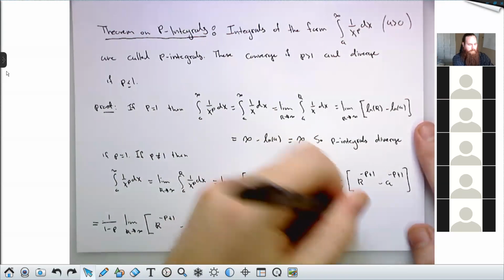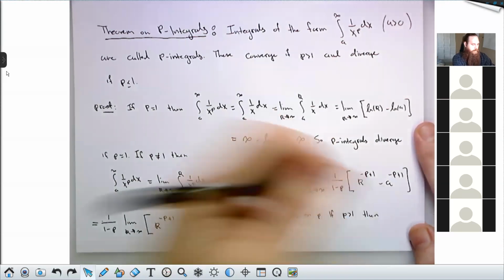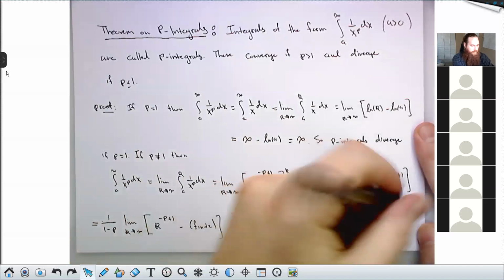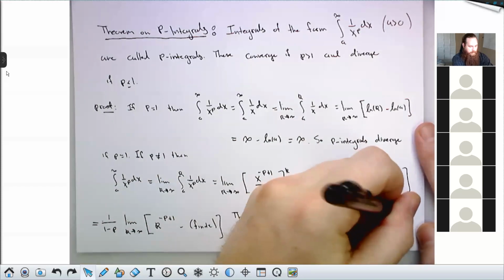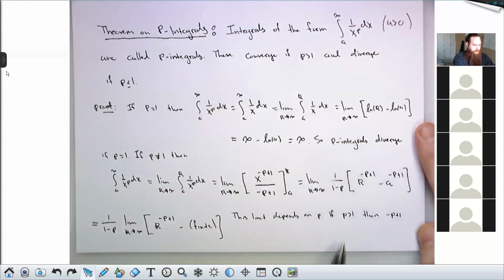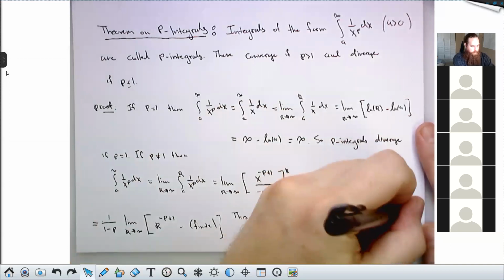If p is greater than 1, then negative p plus 1 is negative. Let's see. So if p is bigger than 1, like 2, 3, 4, then you would have negative 2, negative 3, negative 4, plus 1. Those are all negative values.